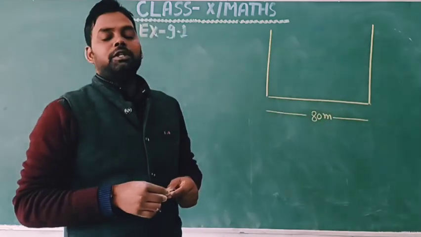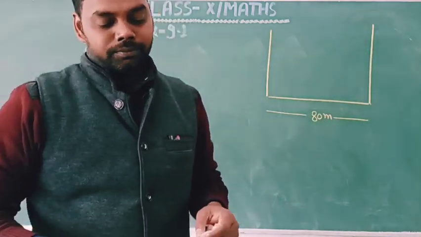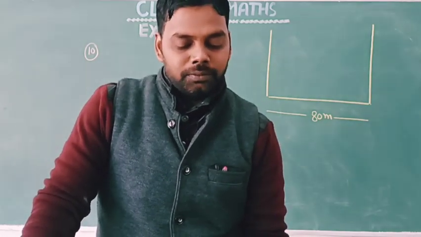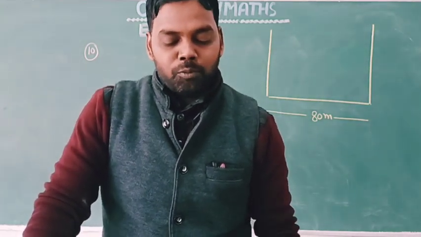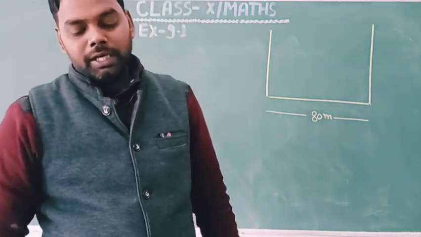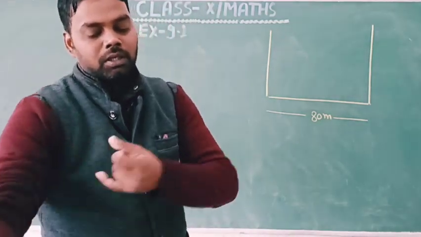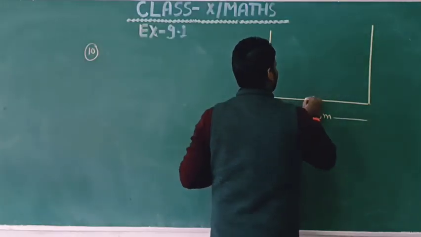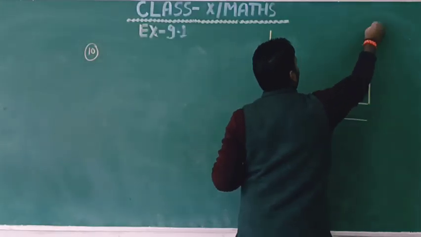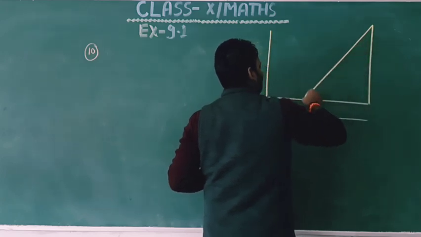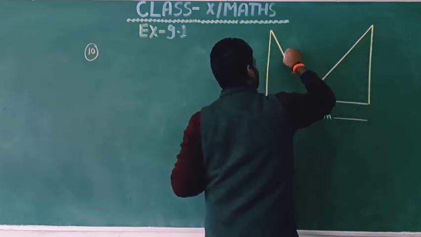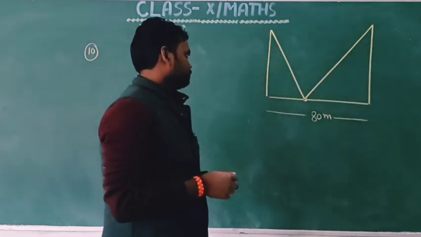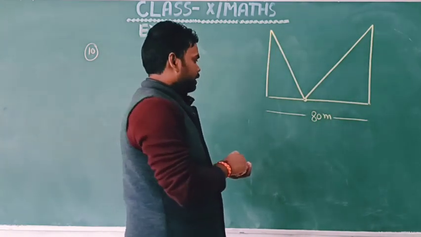The distance between the poles is given 80 meter, and it is also said that from a point between them on the road, the angles of elevation of the tops of the poles are 60 and 30.